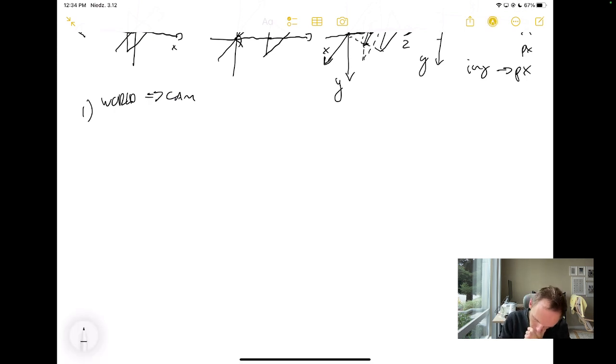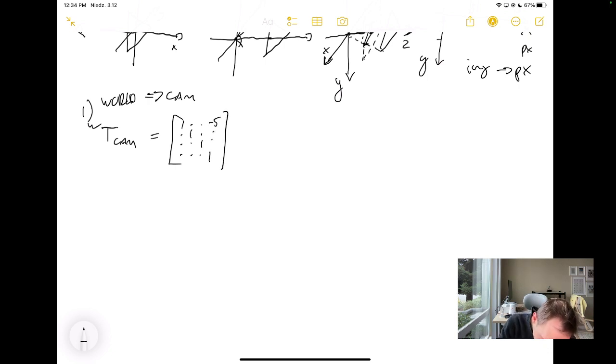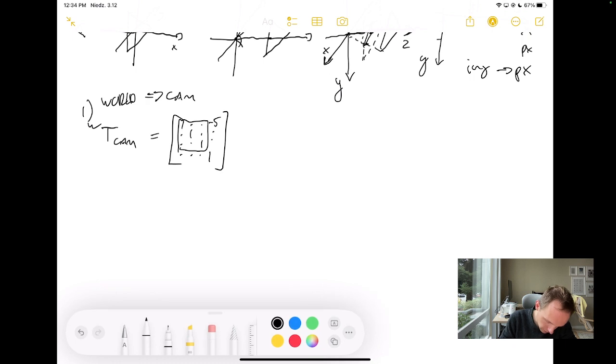So, world to come: the pose of the camera in world, as usual. It was -5, and then this rotation thing says that we're looking towards X, by definition, by convention.